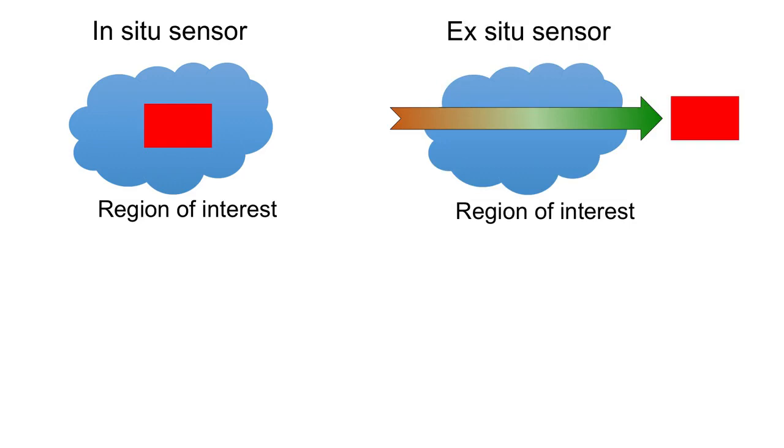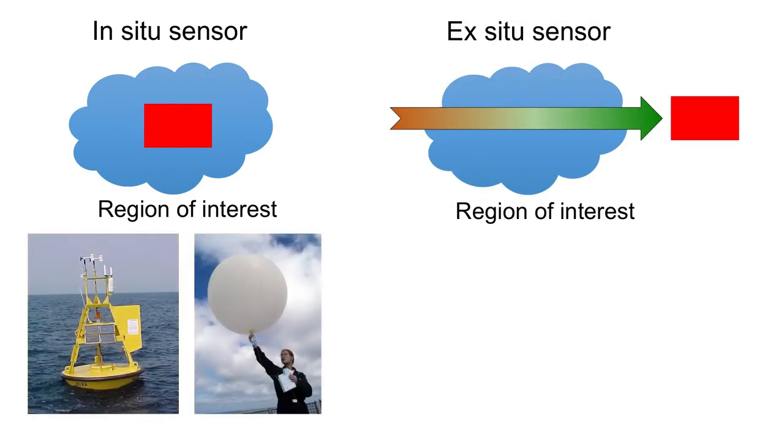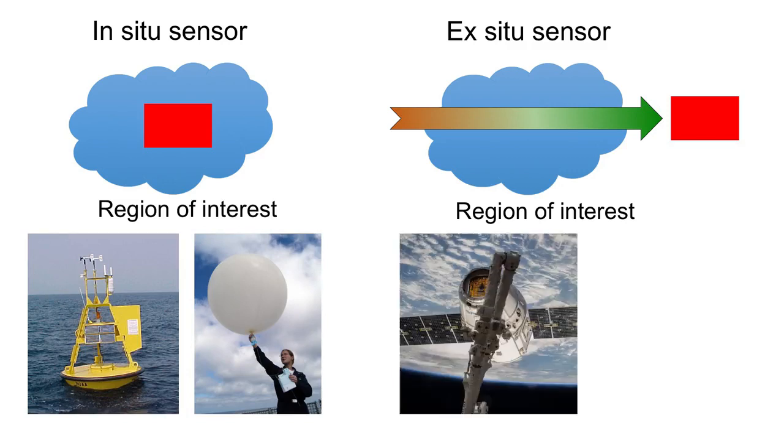Good examples for in situ sensors would be a buoy in the ocean collecting data as it floats on the surface, or an atmospheric balloon. A good example for a sensor operating ex situ would be a weather satellite measuring the clouds from high above.